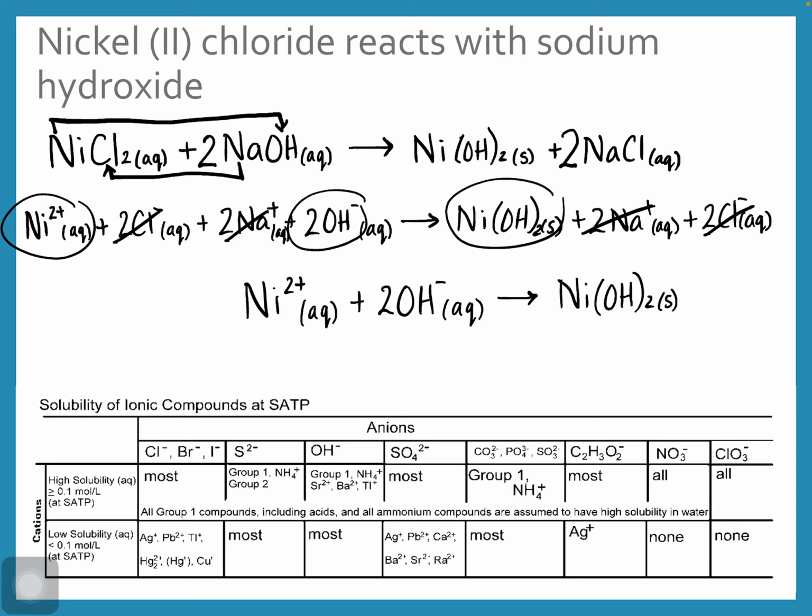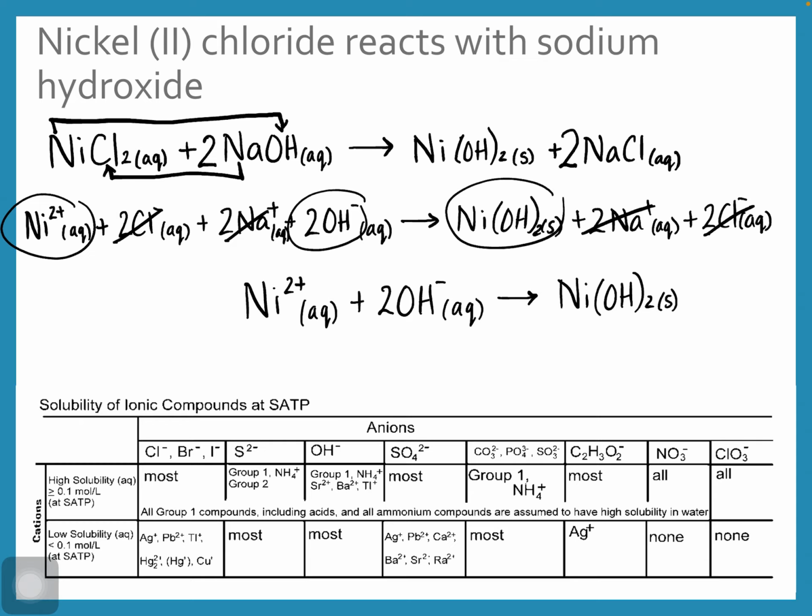There would be nothing happening with the sodium and with the chlorine. Those would be dissolved ions in the water in the nickel chloride solution, and the sodium ions in the sodium hydroxide solution, and then in the end, as sodium chloride as a product, that is also aqueous, so we still have sodium and chlorine ions, which would just be dissolved in water. That's what makes them spectator ions.